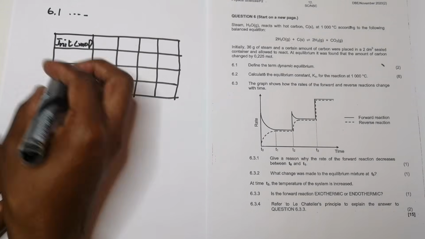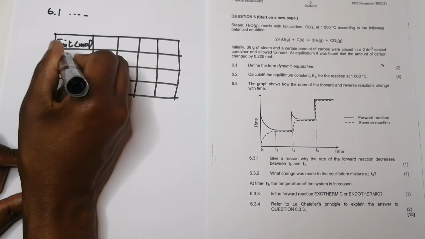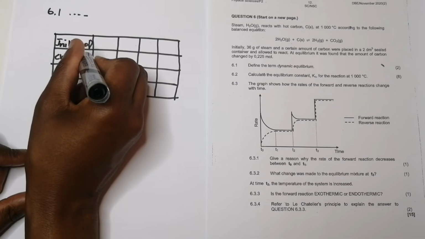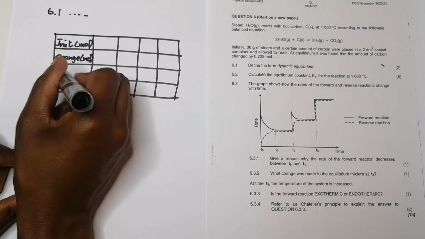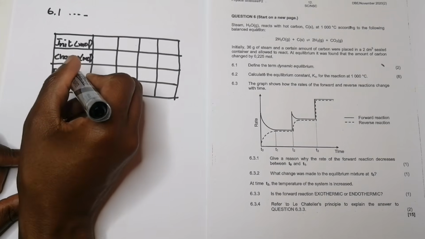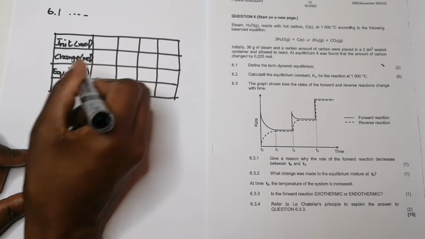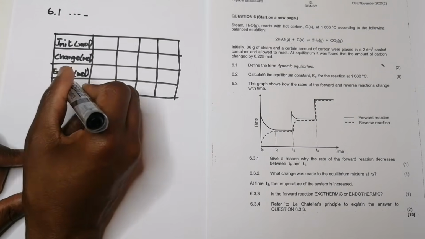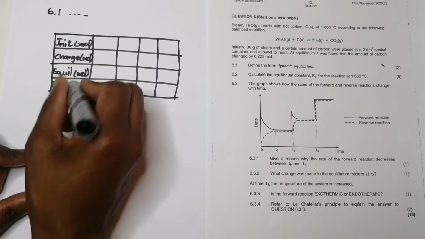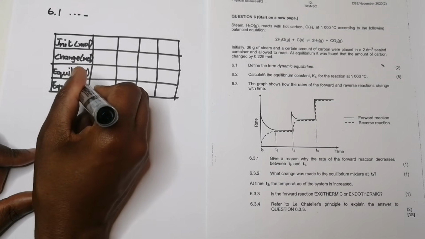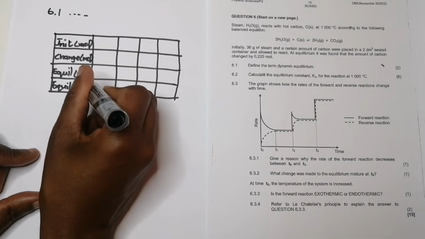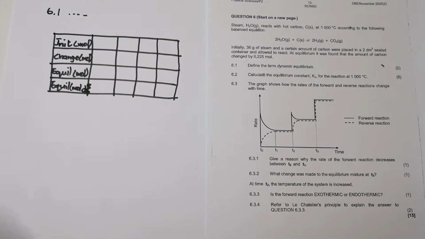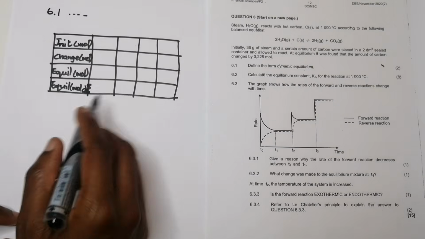Please don't forget to write the SI units. That's change in moles. That's equilibrium, also in moles, as well as this last row where we've got the equilibrium concentration, and that's in moles per cubic decimeter. Sorry for squeezing it like that, but I'm sure you understand.